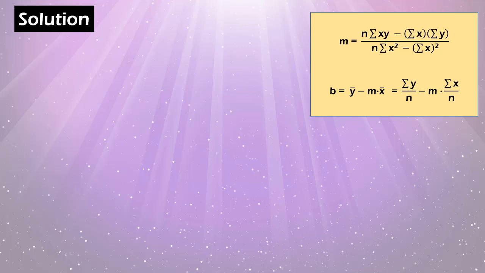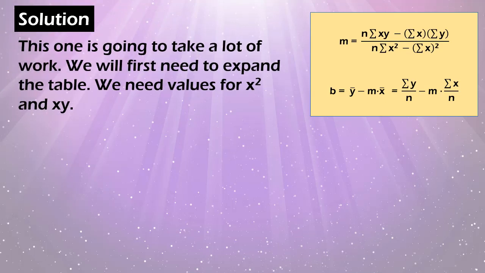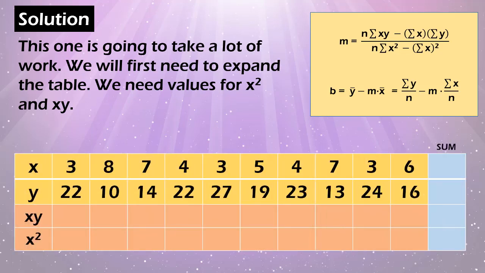So we're going to take our table and expand it. It's going to take a lot of work to do this problem, so we need to expand that table. We need to find values for x squared, which don't currently appear in the table, and for x times y, which also does not currently appear in the table. So we've added 2 extra rows to our table.